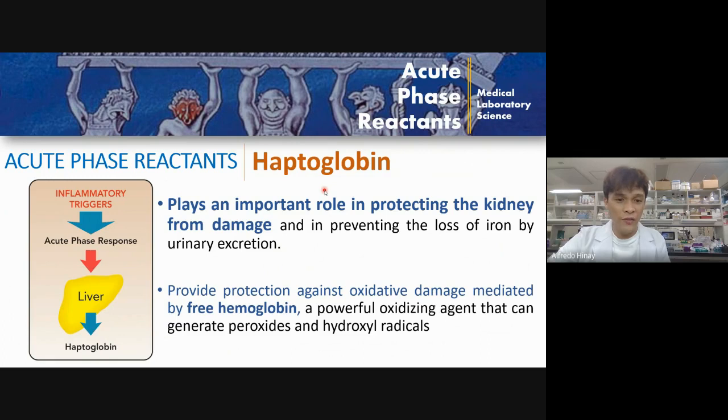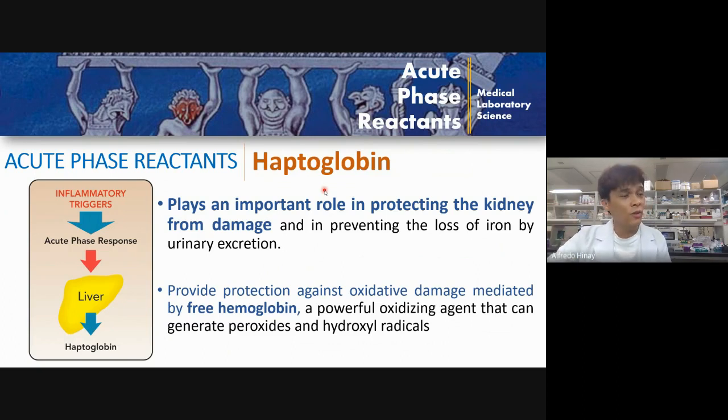Free hemoglobin is very toxic, so something must take it up, and that's your haptoglobin. It is a powerful oxidizing agent that can generate peroxidases and hydroxyl radicals. I believe this function will be explained in detail in hematology, hopefully.